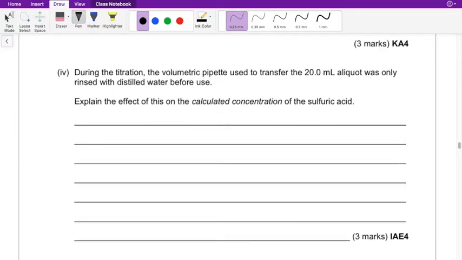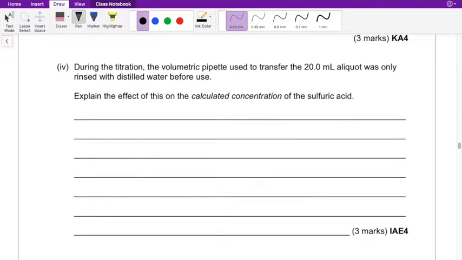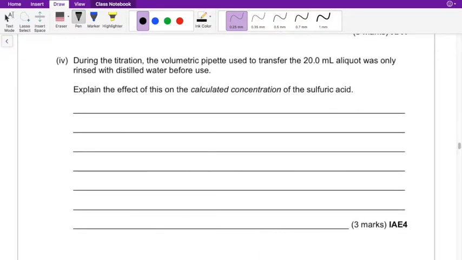During the titration, the volumetric pipette used to transfer 20 mL of aliquot was only rinsed with distilled water before use. Explain the effects on the calculated concentration of sulfuric acid. So we've got our pipette. Now, obviously, I don't want you to draw things when you're doing the test. I'm just drawing this to help visualize it. We've got our pipette here, and that's got a 20 mL volume.